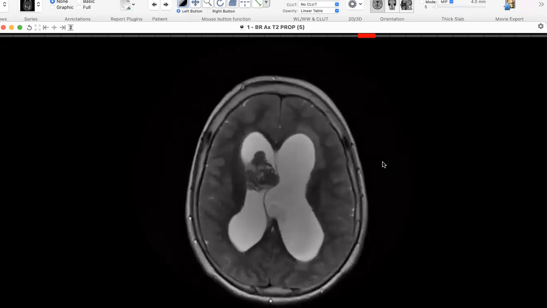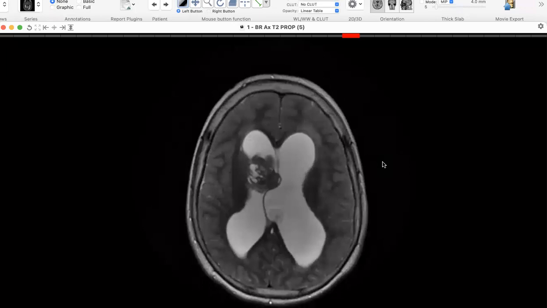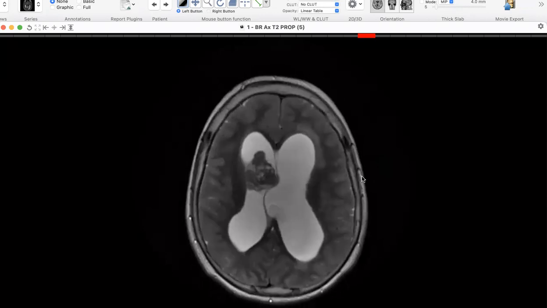There is an intraventricular mass lesion inseparable from the septum pellucidum within the right lateral ventricle. The lesion has markedly heterogeneous signal intensity with dark T2 signal and areas of cystic changes.